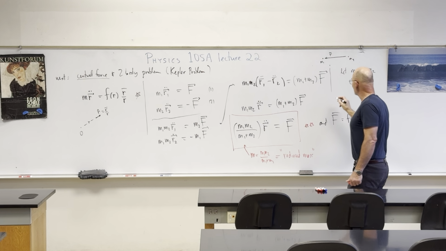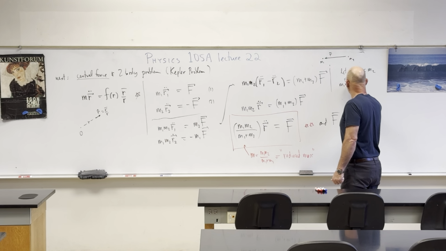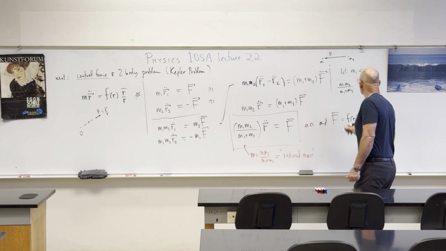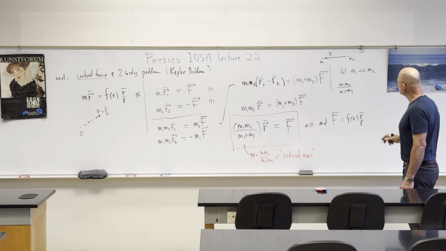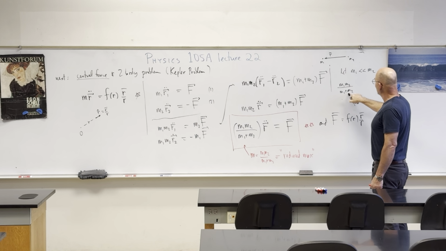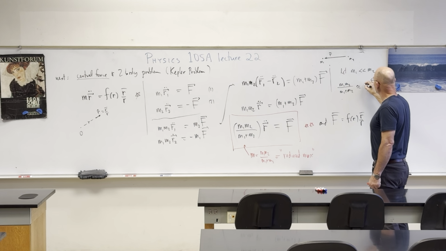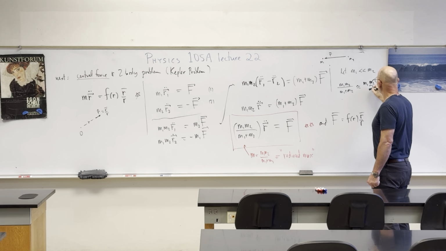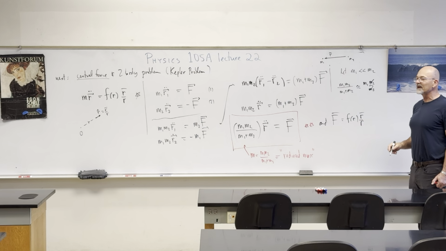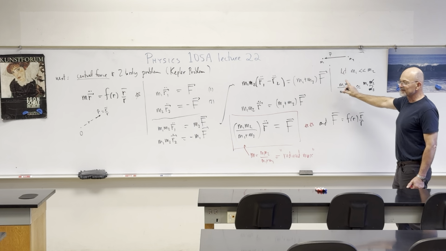And if we look at M1 M2 divided by M1 plus M2, one's much less than the other, right? Then this one dominates. That's approximately M1 M2 over M2. So it's approximately equal to M1, slightly less, slightly reduced.